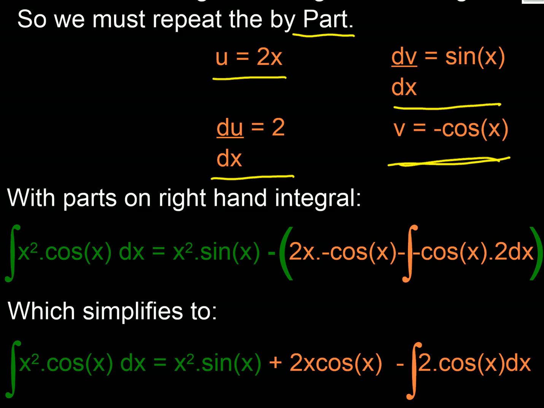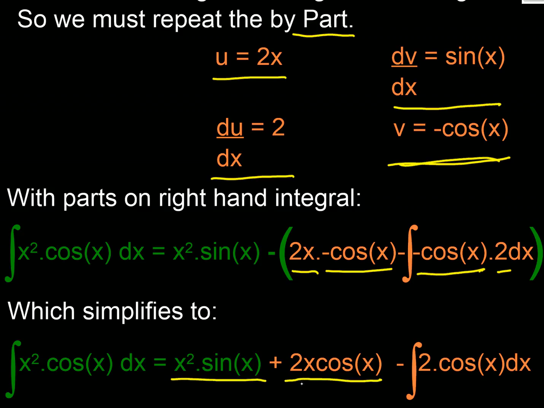So if we substitute that in, I've done that in this orange colour, we've got the terms we had before, and in place of our final term, we've got our new u and v values, and here in the integral, we've got our v value and our du by dx, which is just going to be 2. So if we do a bit of tidying up, we've got our x squared sine x term we created from our first by parts.